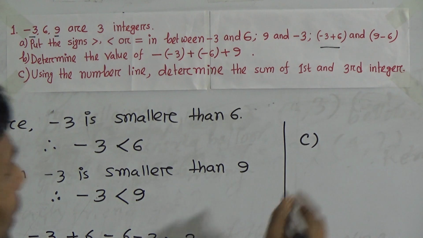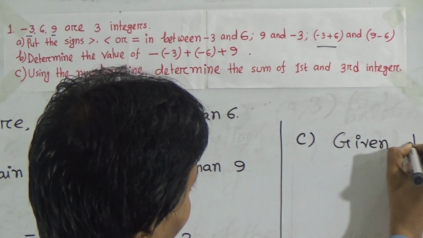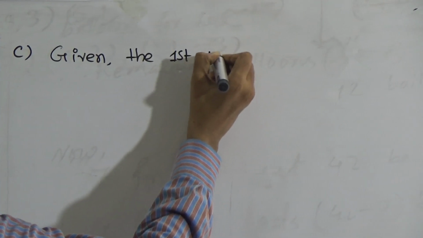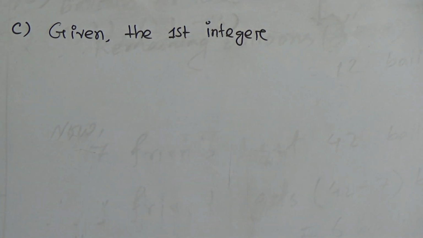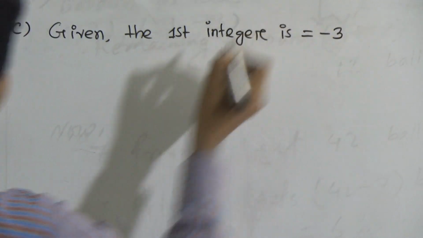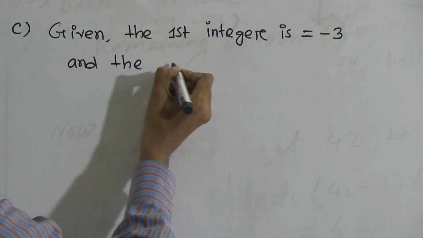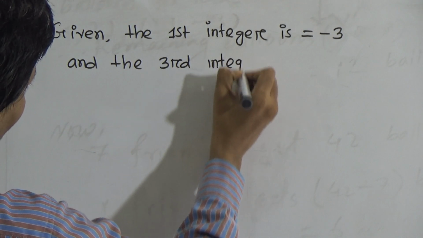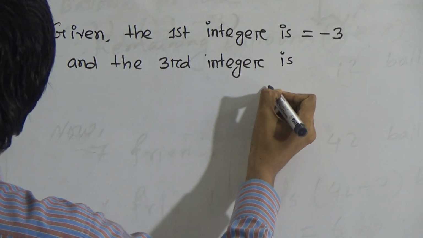At first you write given: the first integer is minus 3 and the third integer is 9.